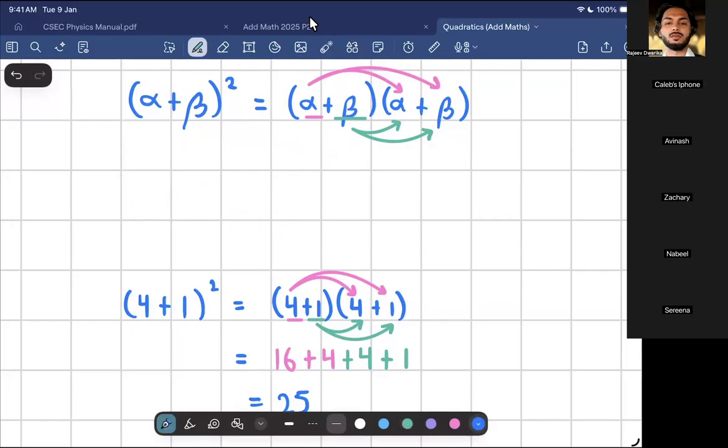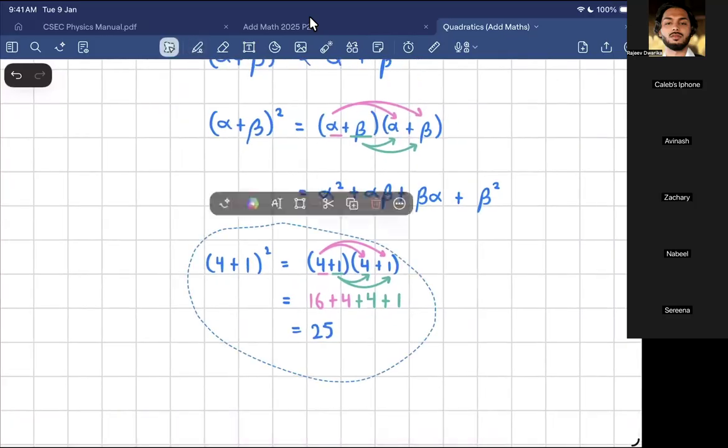So tell me, what are you writing in the next line? Alpha squared and alpha beta. And that would be beta alpha and beta squared.